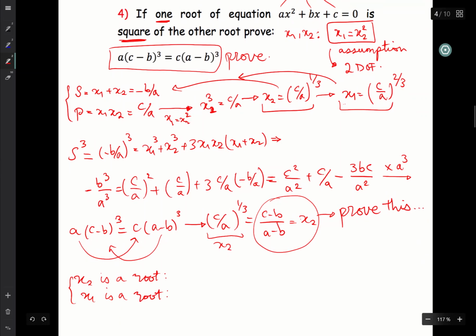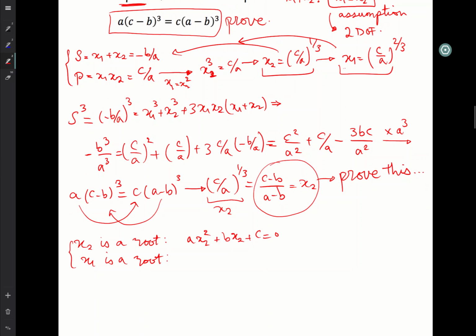What does it mean? If I put it there, a x2 squared plus bx2 plus c should be 0, right? Because x2 is a root. So if I put it back in the quadratic equation, I should get 0. But x2 squared is the other root, x1, right?